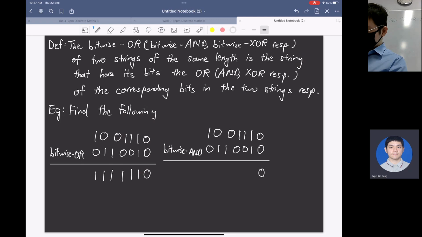Okay, 1, 1, 1, 0, 1, 0, 0, 1, 0, 1. Okay, that's right. Now bitwise XOR. Let's try this again.